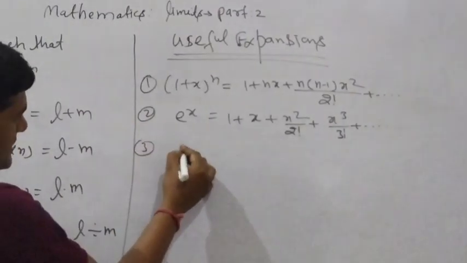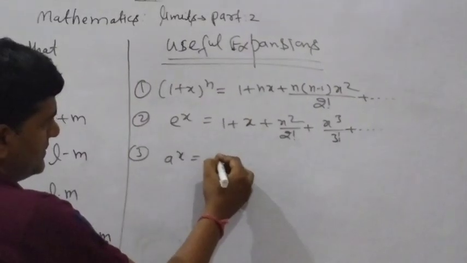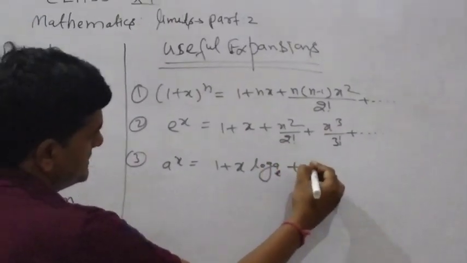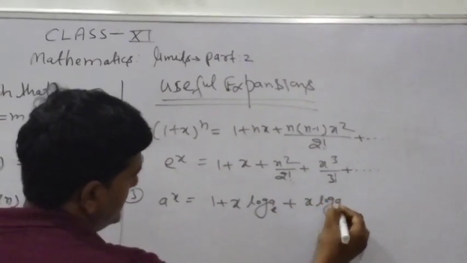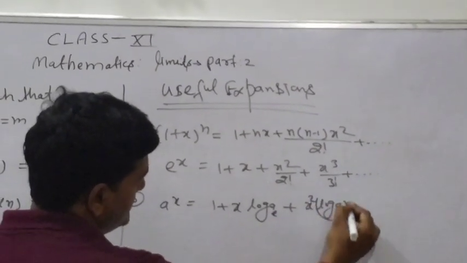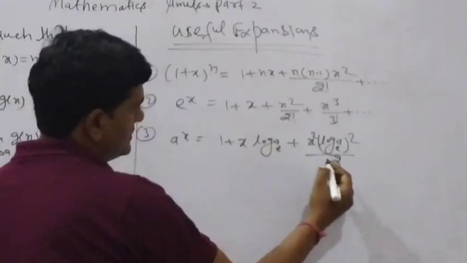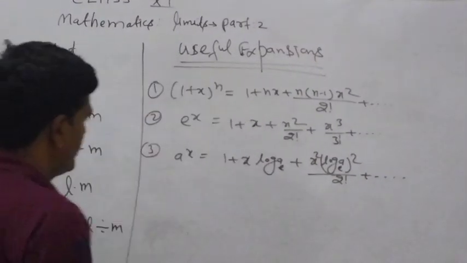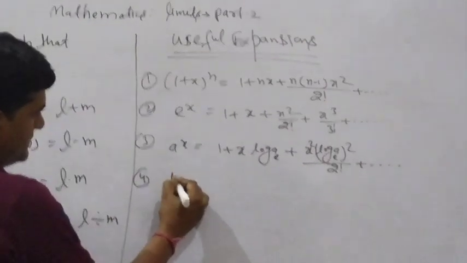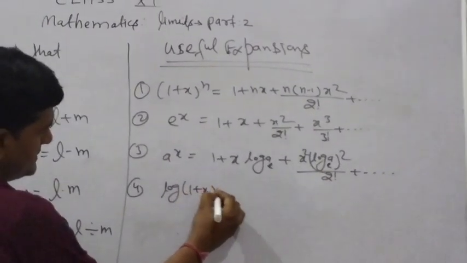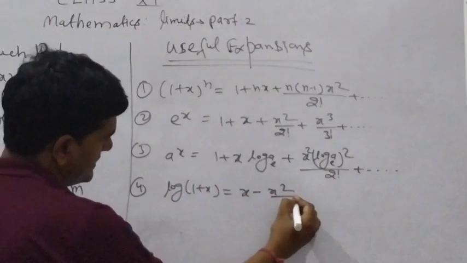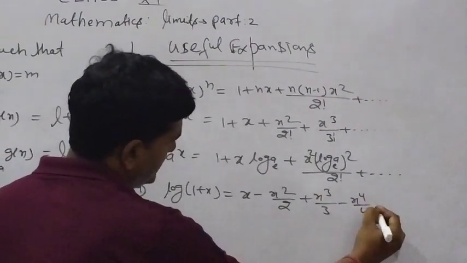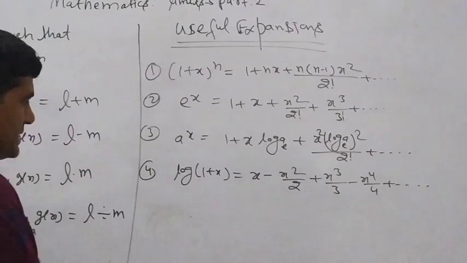And third one, a power x is equal to 1 plus x log of a base e plus (x log of a base e) whole square upon 2 and so on. Fourth, log(1 plus x) is equal to x minus x square upon 2 plus x cube upon 3 minus x power 4 by 4 plus up to infinity.